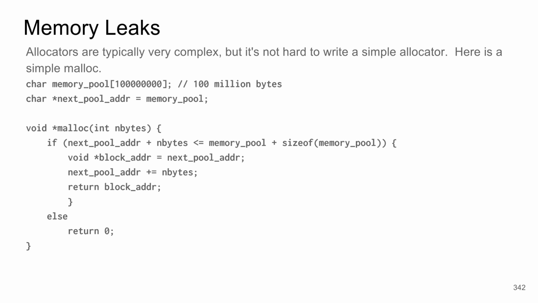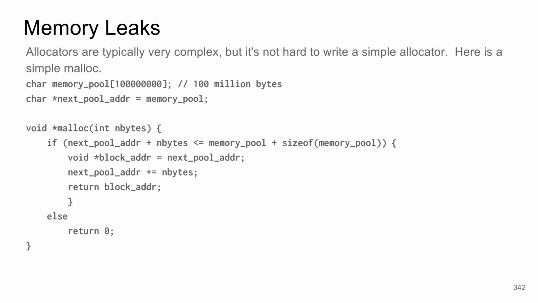So then we have our little silly malloc function I implemented, right? All this says is it takes in the number of bytes that the user wants, and then it does a little bit of pointer arithmetic.